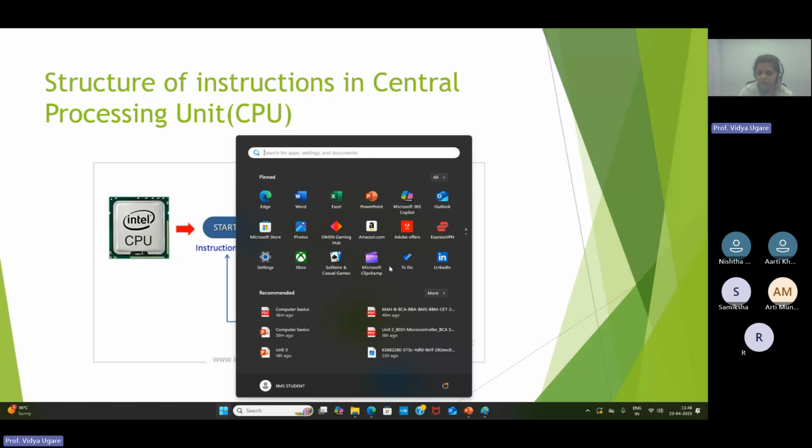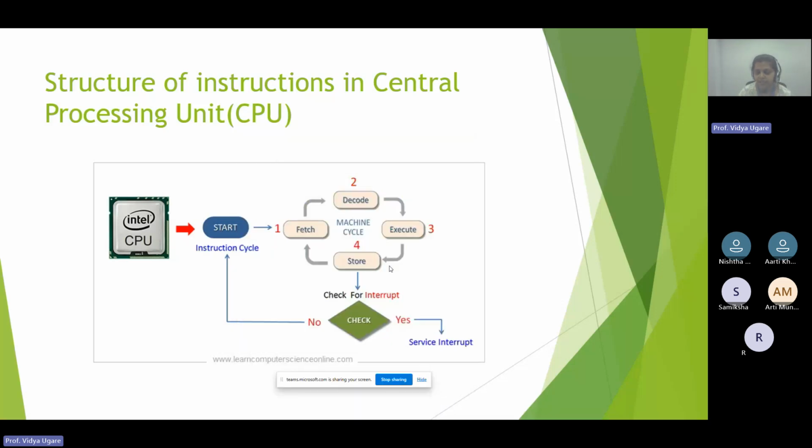The CPU is now focusing on what I am giving it now. Once I press the button again, the start menu vanishes, and it goes back to my screen.